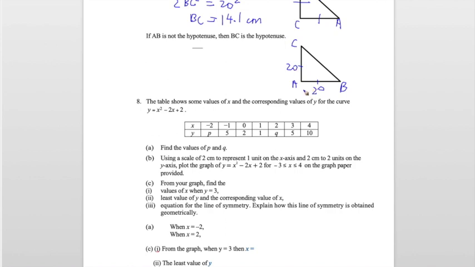And if AB is one of the sides, then BC square will be equal to 20 square plus 20 square. And BC will be 28.3 cm.